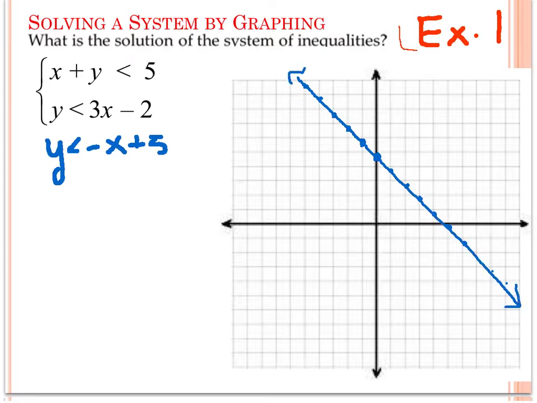Now, if I would have looked ahead of time, this is a less than inequality, so it's going to be dotted or dashed, whatever you like to say. Okay, so that needs to be dashed. And I'm going to shade below. Okay, so I'm going to shade all of this.